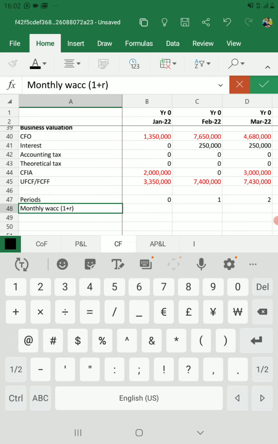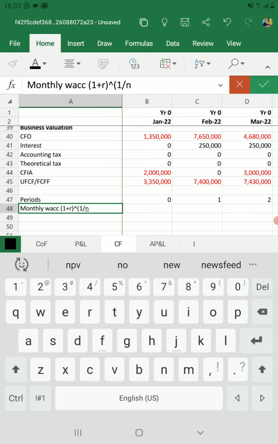Then this one is raised to the power of, open the bracket, 1 divided by n, number of periods in R. Okay, so if R is annual rate, so number of periods for monthly will be 12.